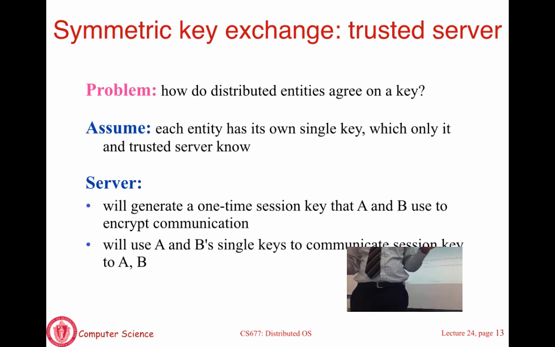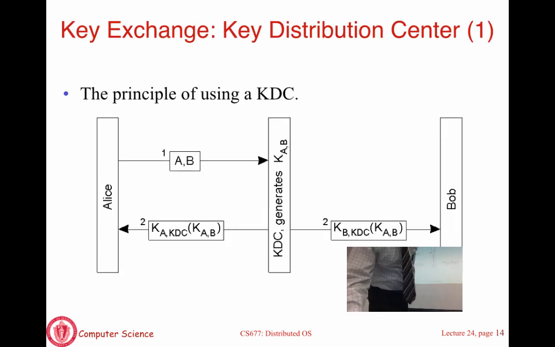And we are going to base that on a few different ideas, and we'll see how to do this. So basically, our problem is that before you communicate, you have to agree on the key. So the server has to generate a one-time session key that Alice and Bob are going to use for encryption, and then you are going to use that subsequently. Okay, so I'm going to show you two ways to do this.